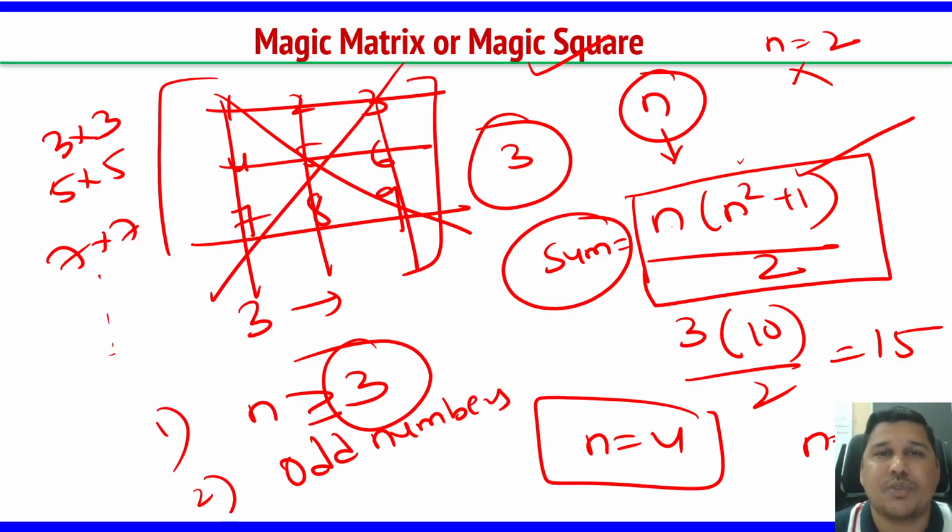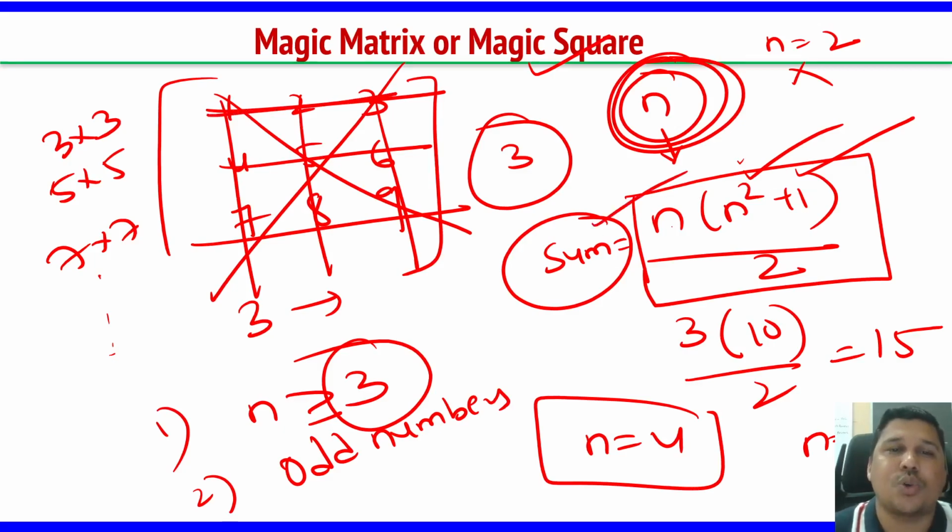So the first part is very easy. If somebody asks you to verify whether a matrix is a magic matrix or not, you first calculate this. Read the n value as input, then find out the sum value and check whether the first row sum is equal to this or not, then the second row, then the third row.